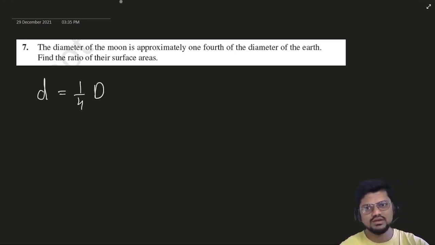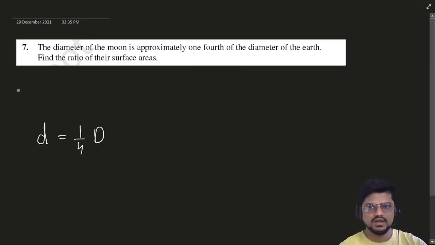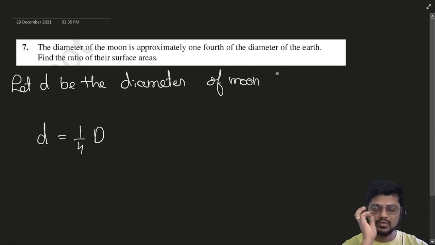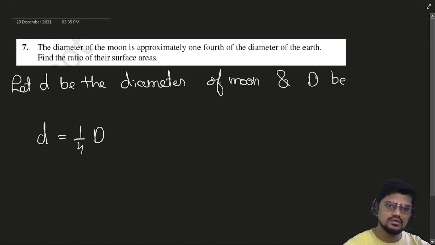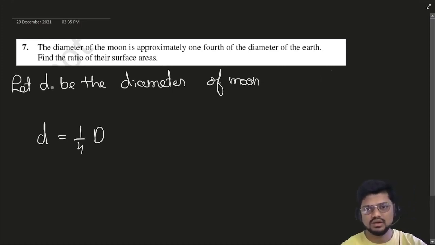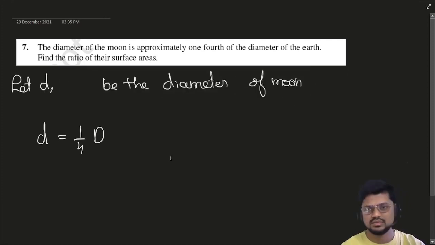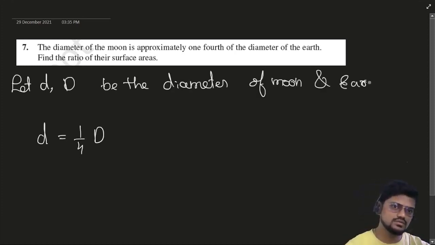Okay, what you can write over here: let d and capital D be the diameter of moon and earth respectively, right? So d is equal to 1/4 of the diameter of the earth.